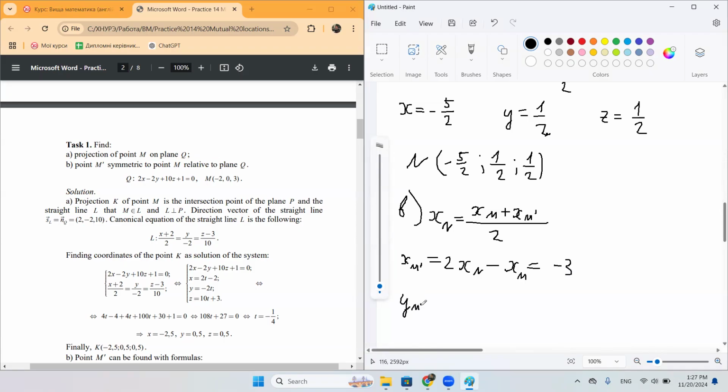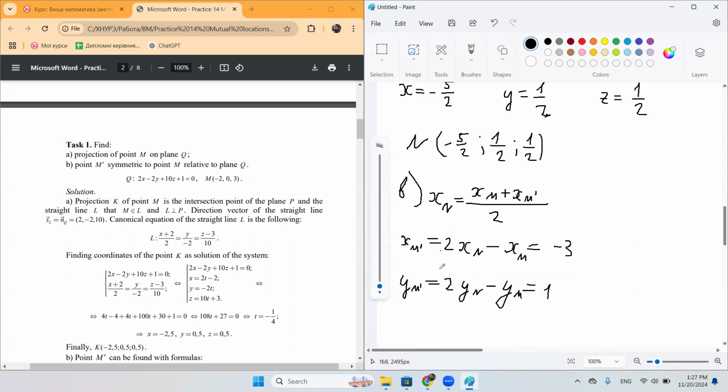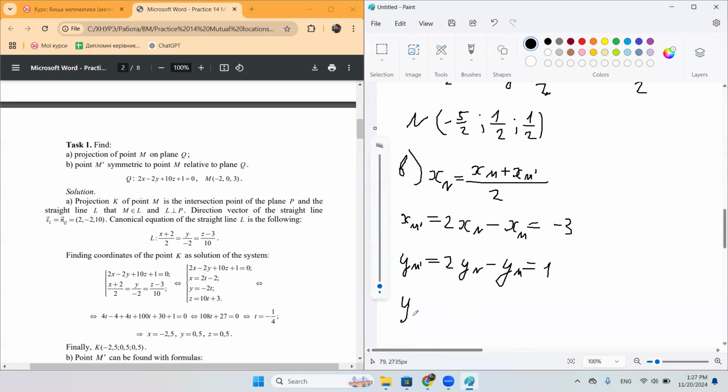So analogically y. So y, so 1, okay, it equals 1.